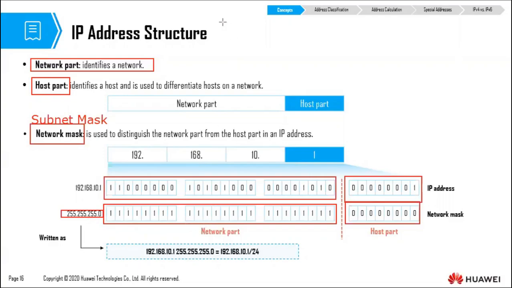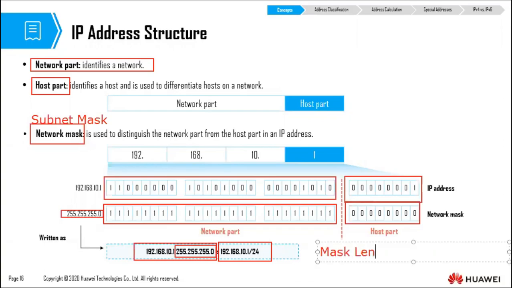Now, whenever we configure or write an IP address and its mask, we can write it in one of two forms. Normally, we can write the mask in full, like 255.255.255.0, or we can use what we call the mask length.